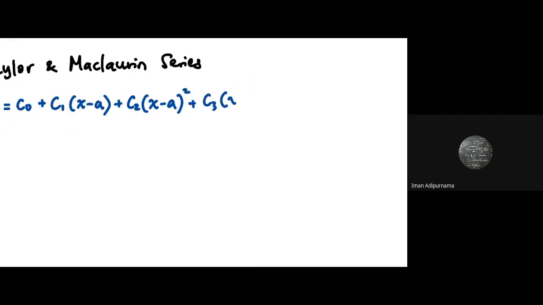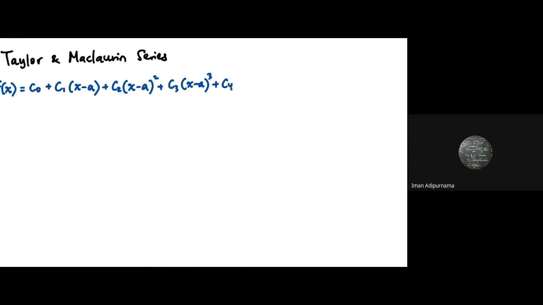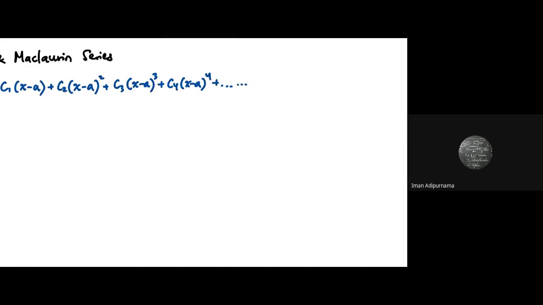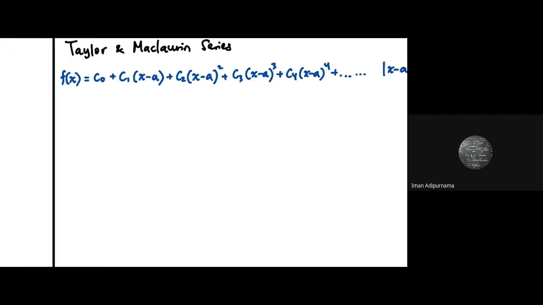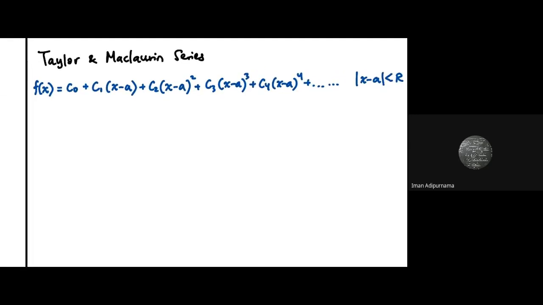So C3, and maybe C4, and it will increase until some n power. And let me write that the ratio should be less than this. Now let me just write this as a general function in power series.